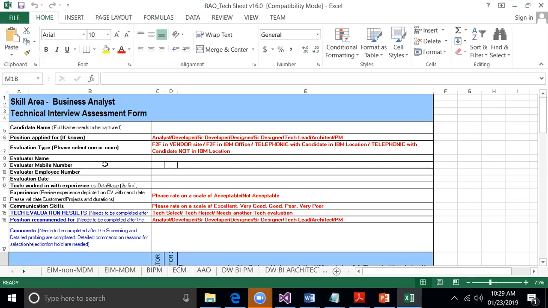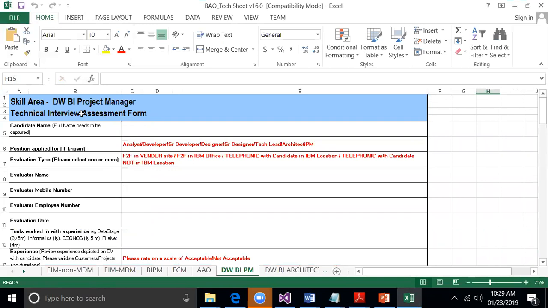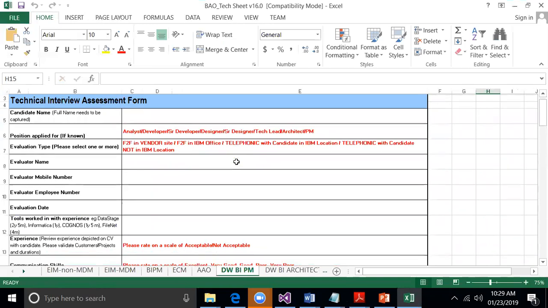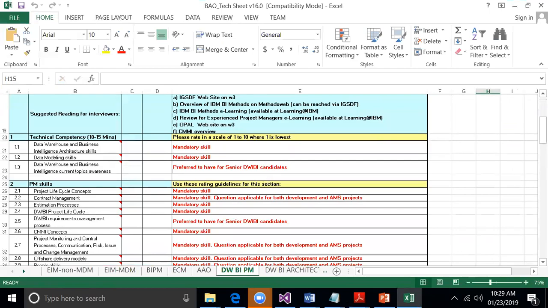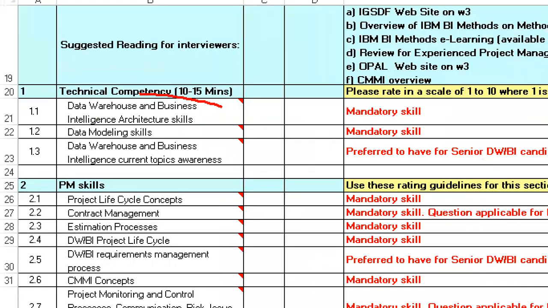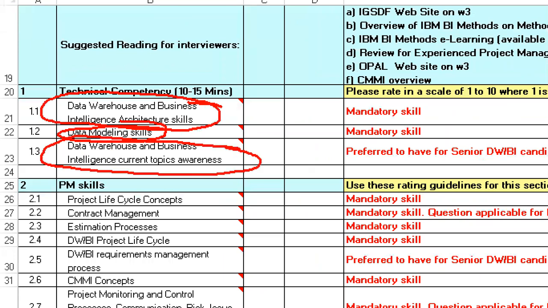If you are into business intelligence and you are a project manager in this industry, the below topics are compulsory. First one, warehousing skills. Second one, modeling skills. And finally, project management skills. As you are entering as a manager, you need good knowledge of warehousing fundamentals and modeling fundamentals.